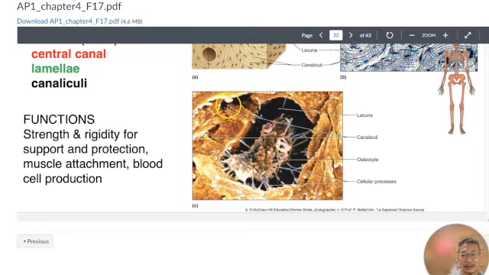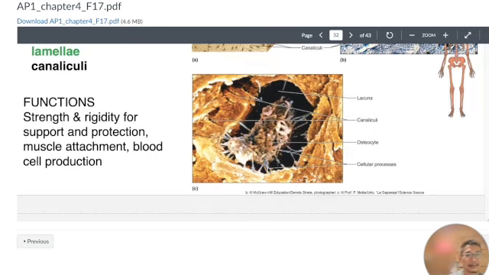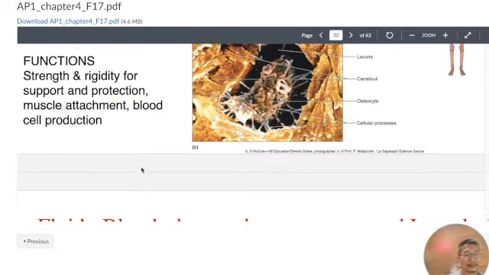Little channels. Here's an osteocyte. Chondrocyte also lives in a lacuna. Osteocyte is a bone cell. Function: strength and rigidity for support and protection, muscle attachment, blood cell production.